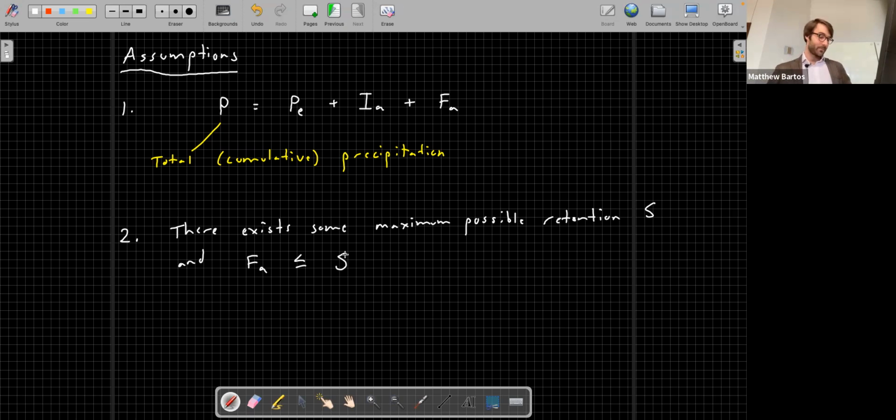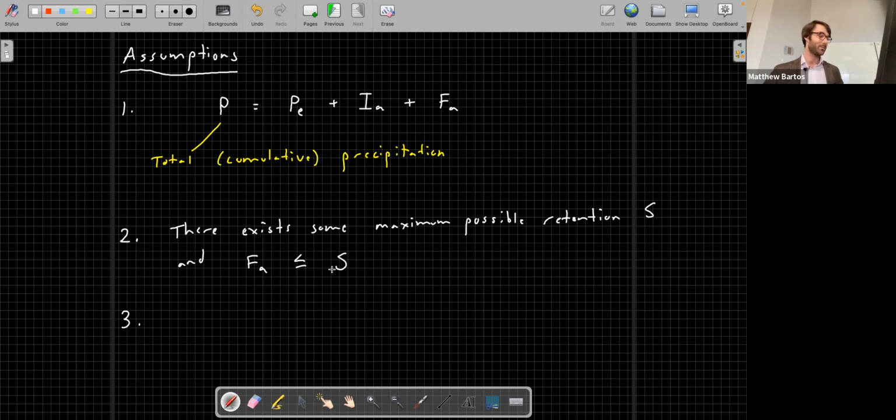Okay. And the third assumption, probably the least realistic assumption, but the one that allows us to compute the excess precipitation, is that the ratio between the actual infiltration and the maximum infiltration is equal to the ratio of the excess precipitation to the total amount of rainfall that has fallen.